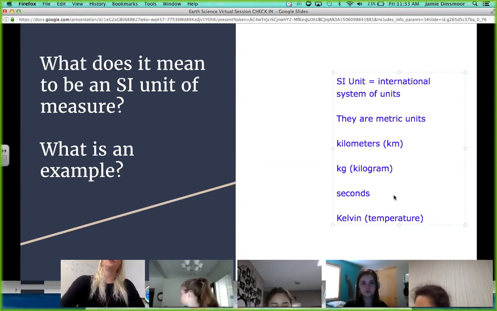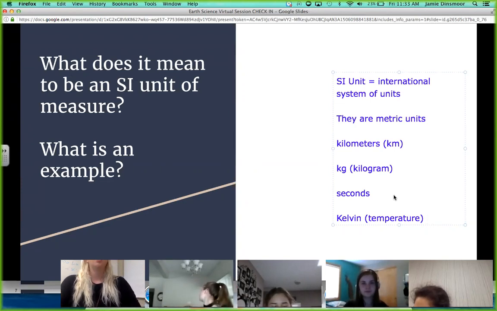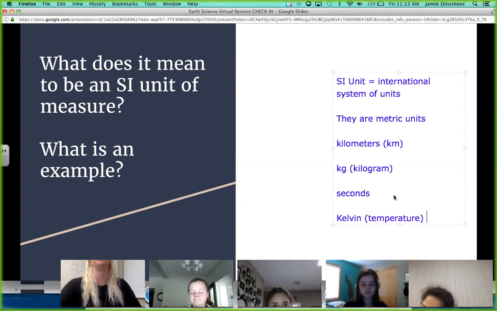So you want to use this as a reference if you're measuring, but really what you want to think about is what is going to make the most sense for what you're measuring. If I want to measure how far it is to travel from Portland to Florida, am I going to use meters? Probably not, right? I'm going to use kilometers because I want to get the biggest unit I possibly can.